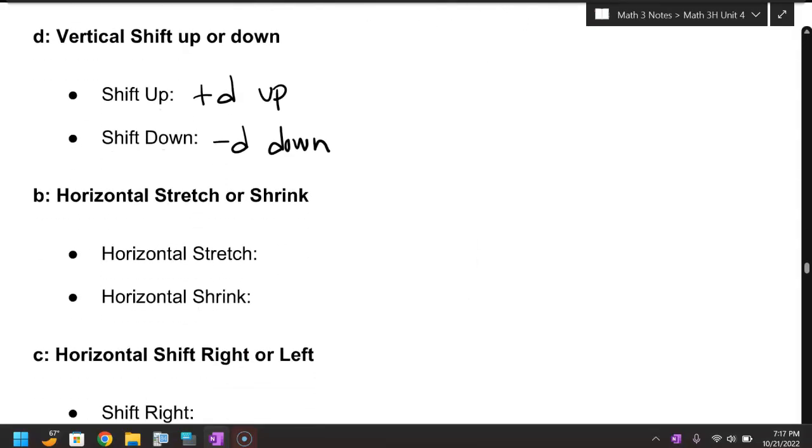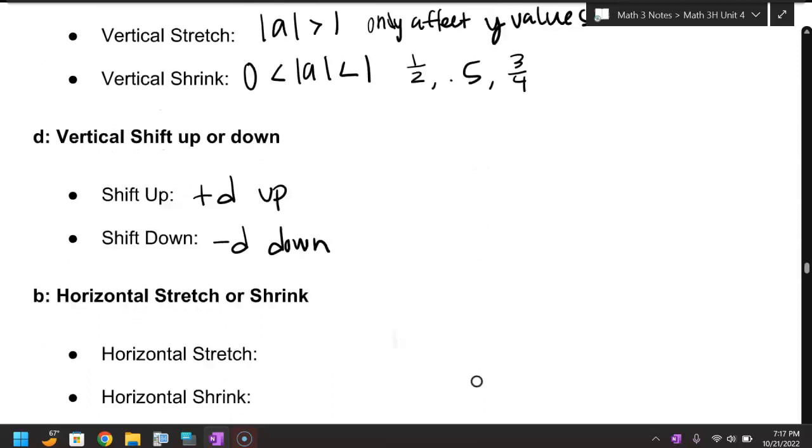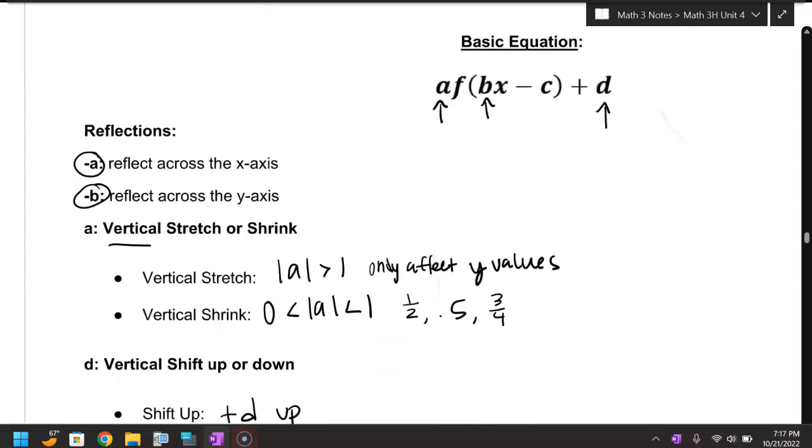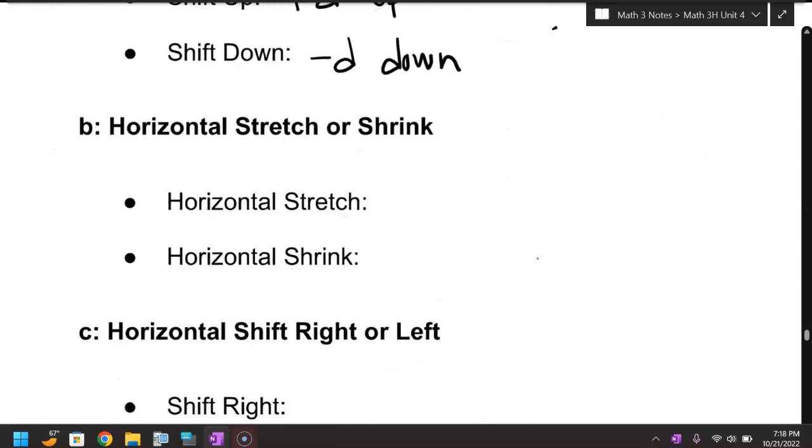Horizontal stretch or shrink is going to be our b value because it is now inside with x. Same as the vertical stretch or shrink, it's between 0 and 1 and bigger than 1. But remember, our x's are backwards.